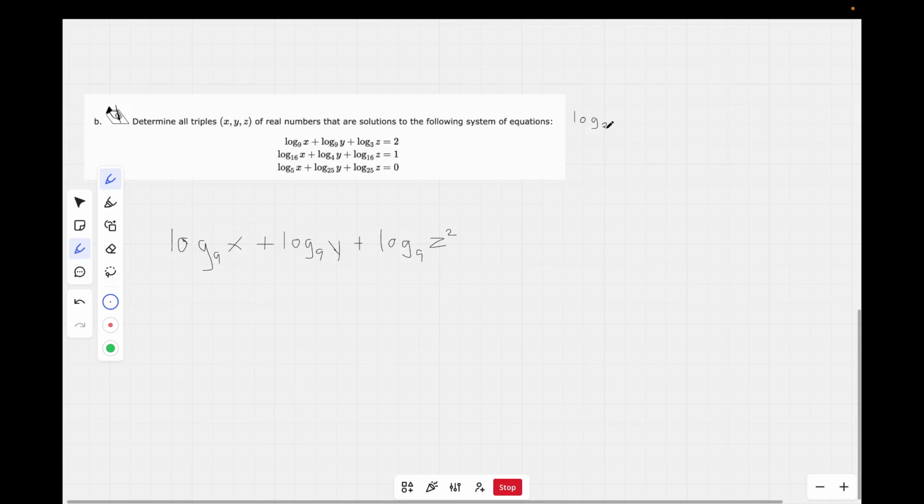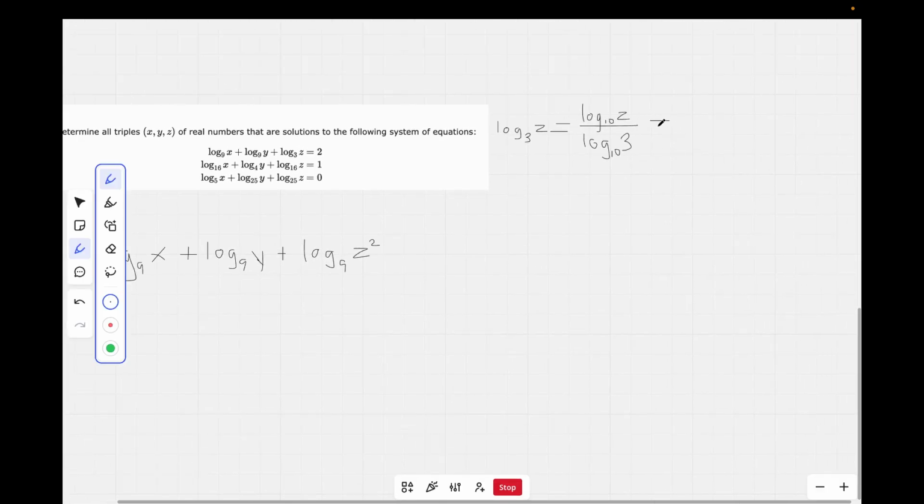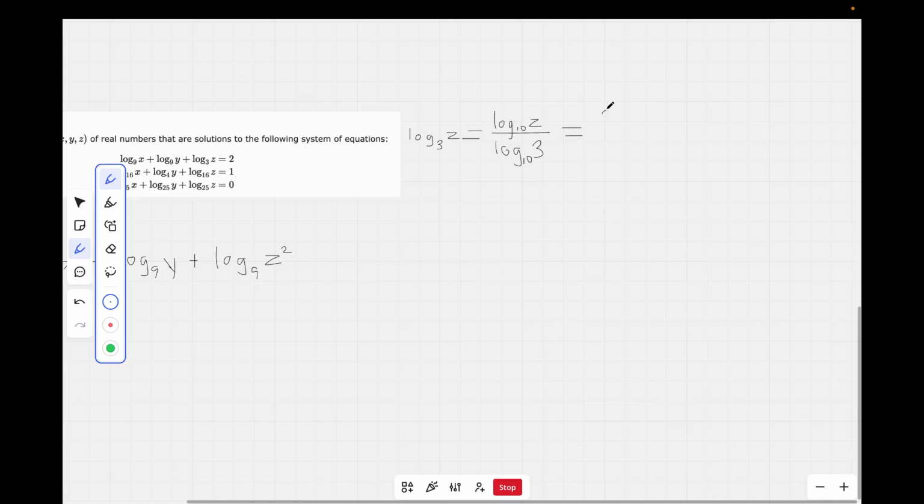So log 3 z is equal to, say, log 10 z divided by log 10 of 3. And you can multiply numerator and denominator by 2, because you're trying to turn the base into 3 squared rather than a 3.